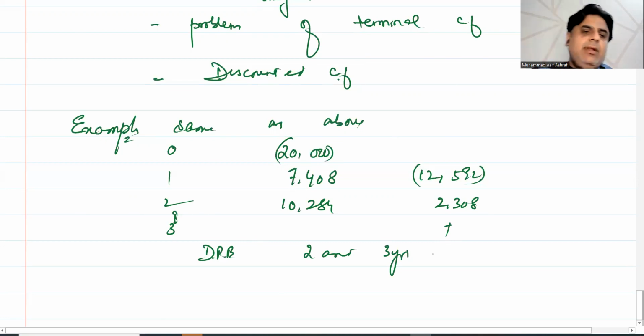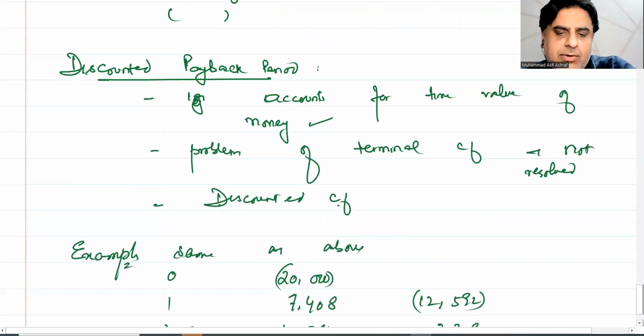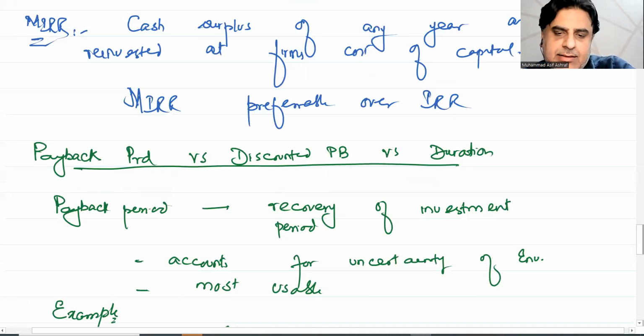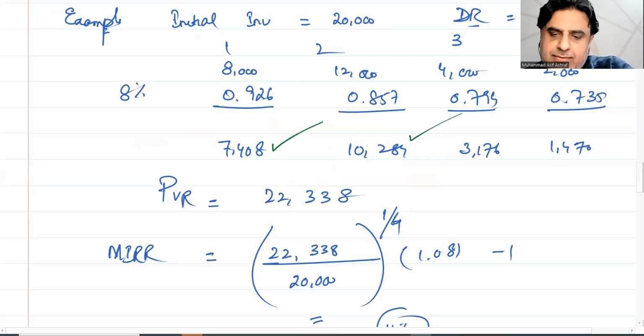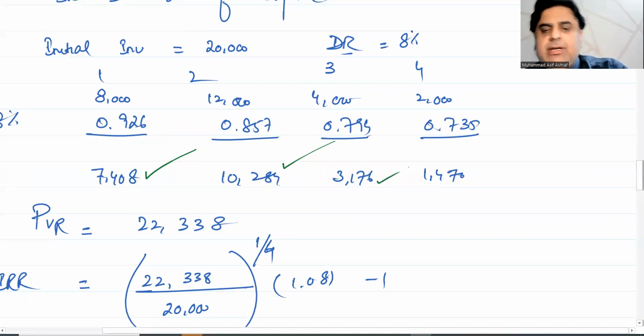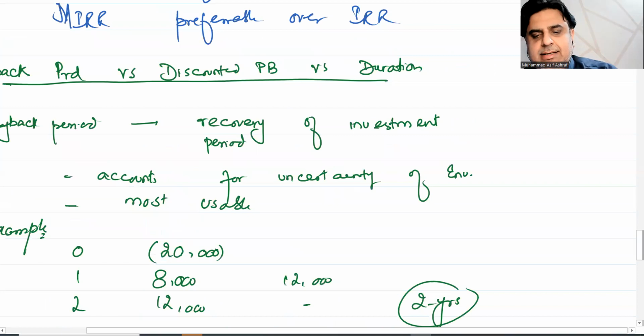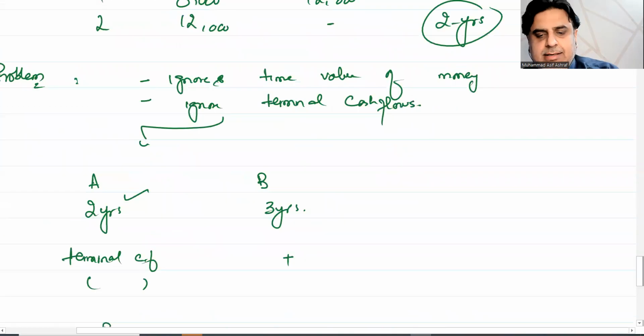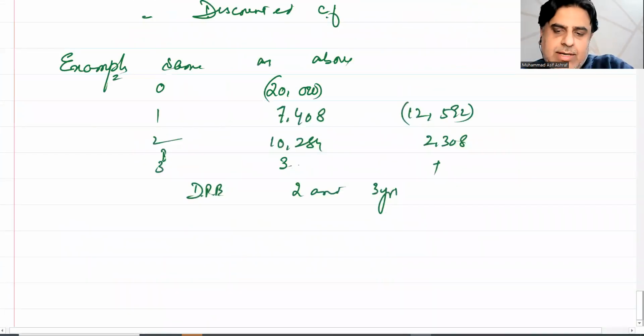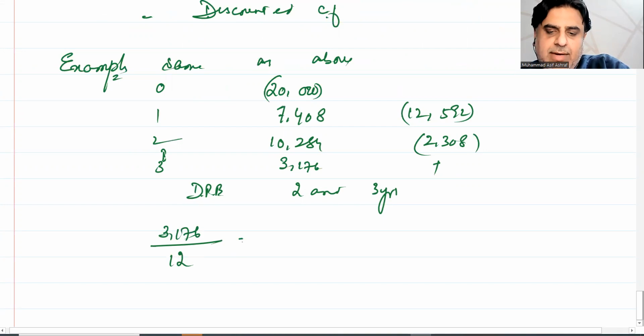And you can calculate accurately the number of months here as well. In the third year, the present value was 3176. So 3176 is the cash flow of 12 months.